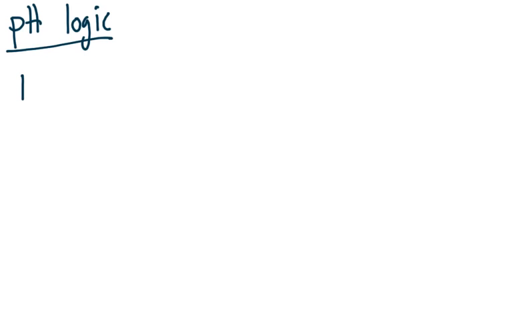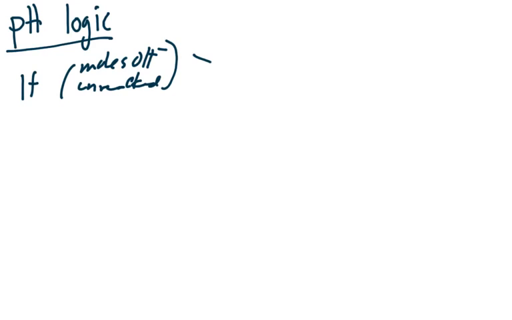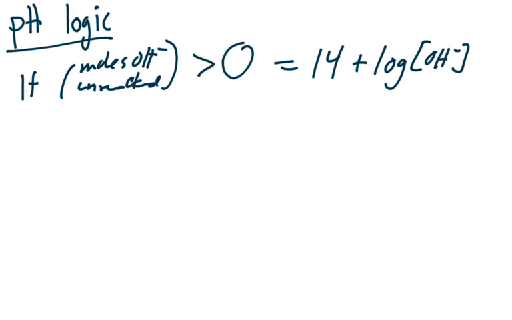And here we're going to say, remember that if the moles of OH minus unreacted was positive, so that's greater than 0, then pH was 14 plus log of OH minus.